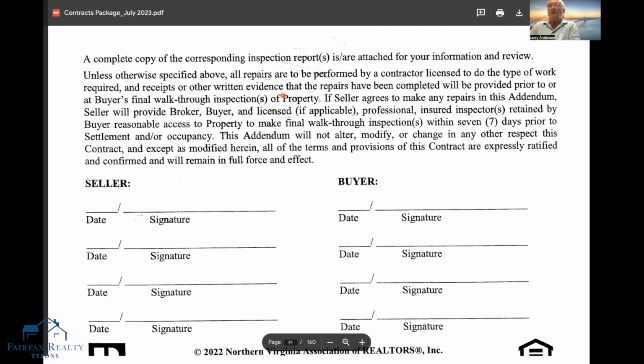But if you wait until that time and this work hasn't been done, you've got a major problem on your hands, because at settlement, the settlement officer cannot make any changes to the closing disclosure.